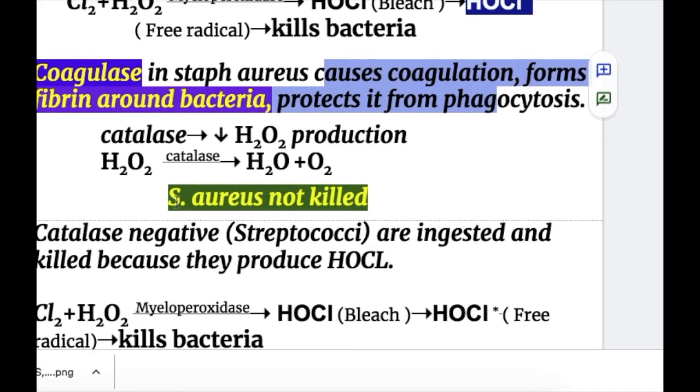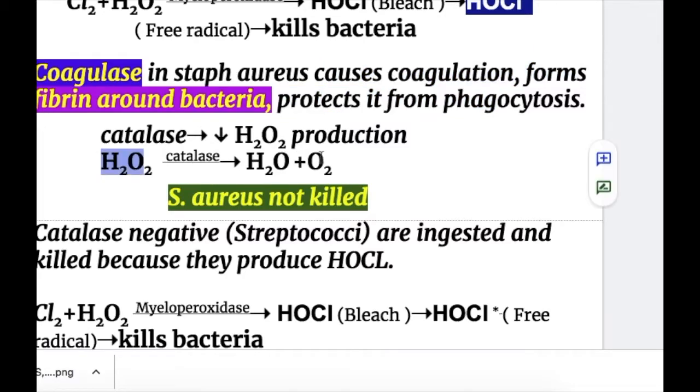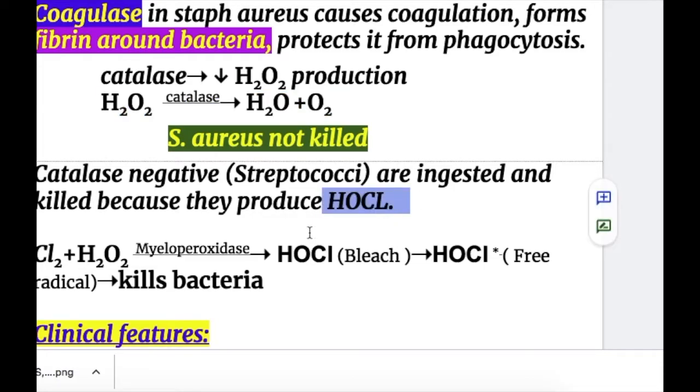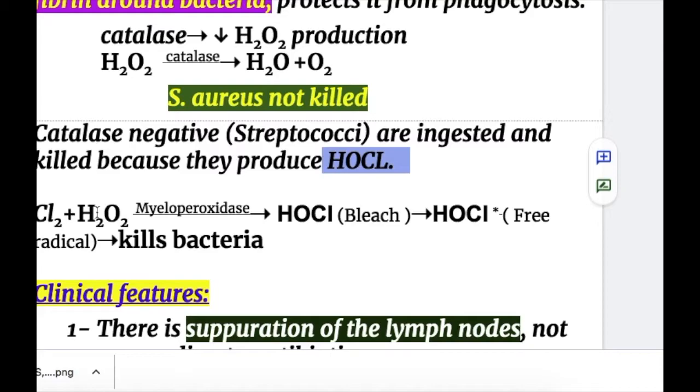That is why the staphylococci are not killed in chronic granulomatous disease, because of the function of catalase that converts H2O2 to H2O and oxygen. But catalase-negative organisms like Strep are ingested and killed because they produce HOCl, hypochlorous acid. So the normal function of H2O2 and chloride to form HOCl is abolished in chronic granulomatous disease.